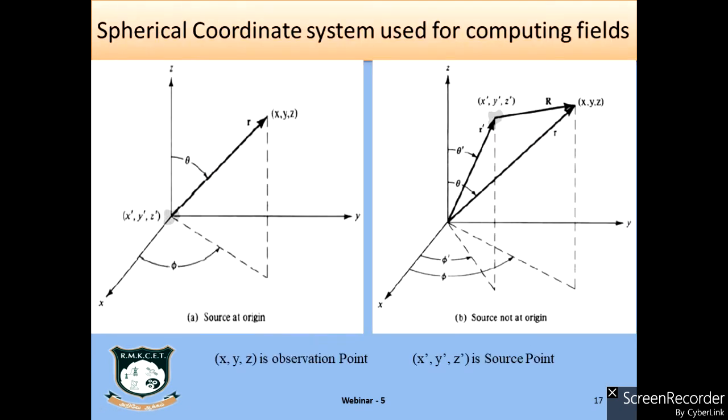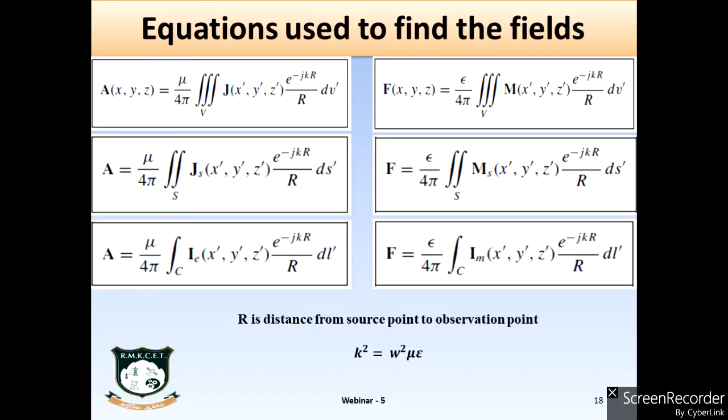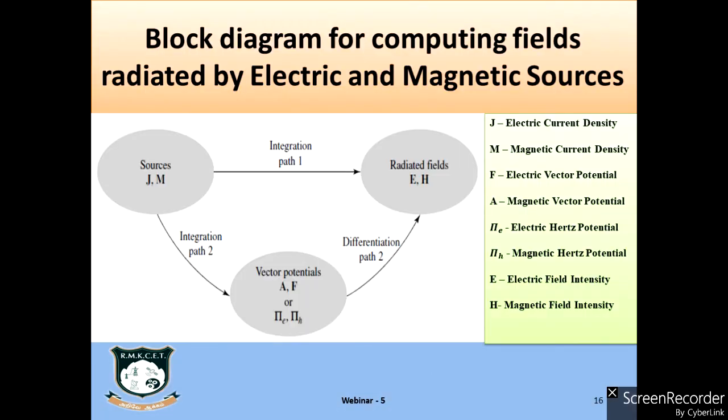For that we need some basics of the spherical coordinate system, and then these are the equations by which we can calculate the magnetic vector potentials.